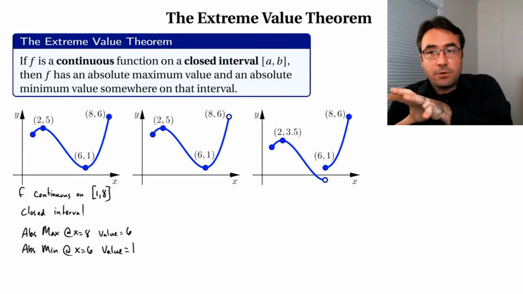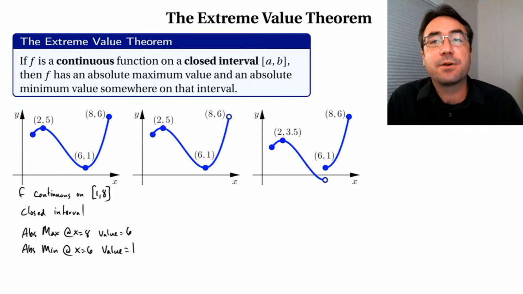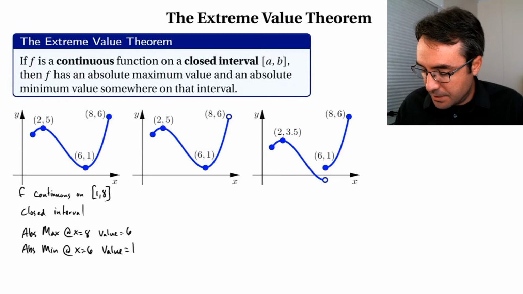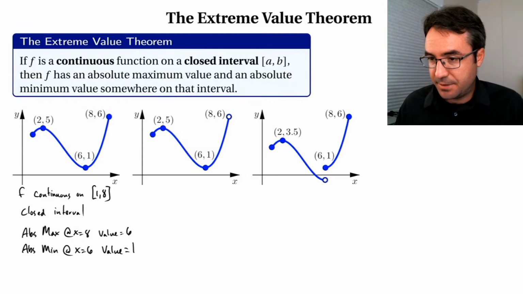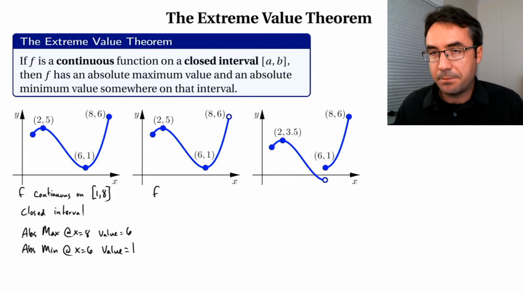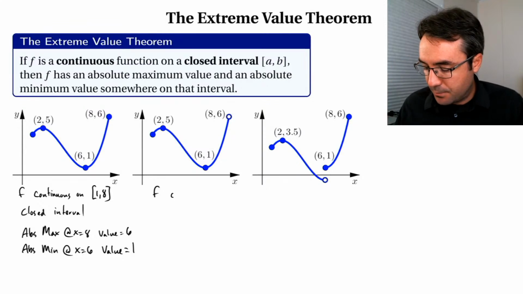If we go to the middle graph, let's see what happens if we get rid of the closed interval part. f is still continuous here. There are no jumps or breaks in the middle. We've just excluded one of the endpoints now.